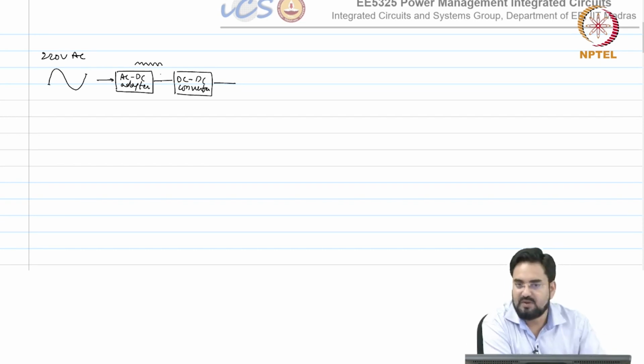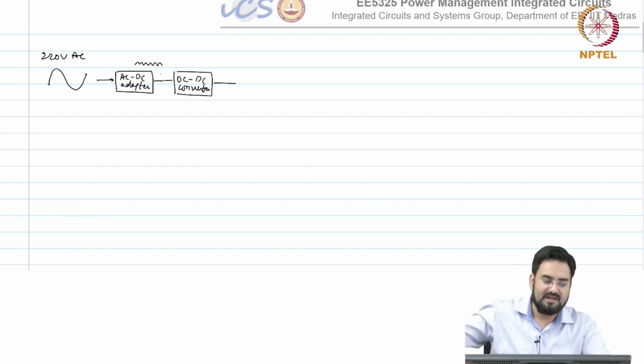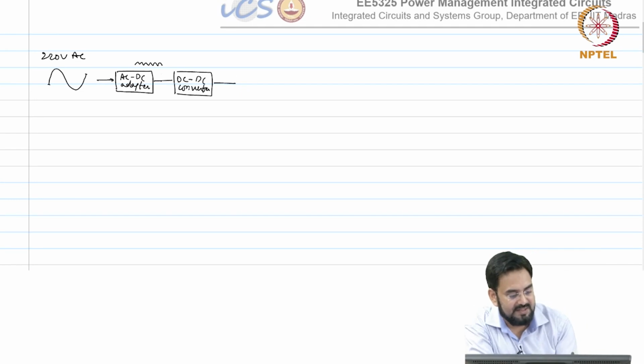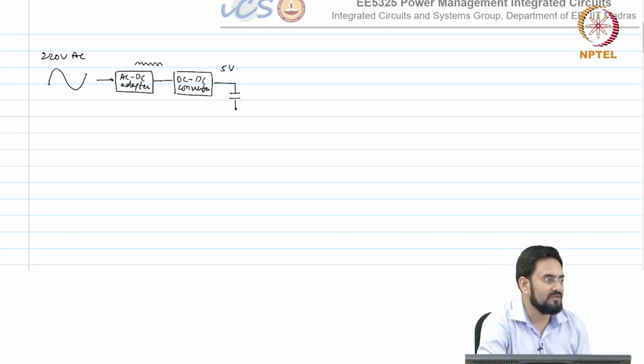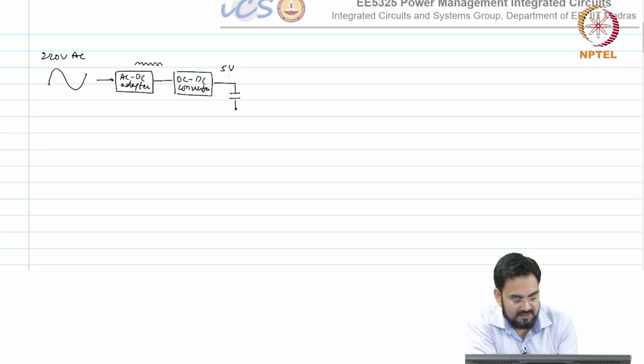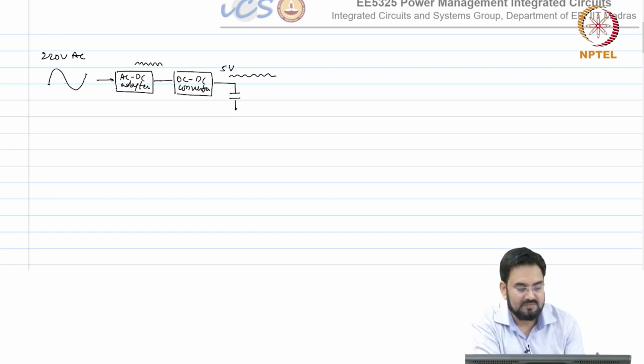This will be a rectified voltage, you have a capacitor, then it will have some ripple in the output, and the DC-DC output is a switching converter, again it will have some. So, this is your 5 volt which goes to your USB, and it will also have some ripple. So, if this is 50 hertz, this should be 100 hertz.